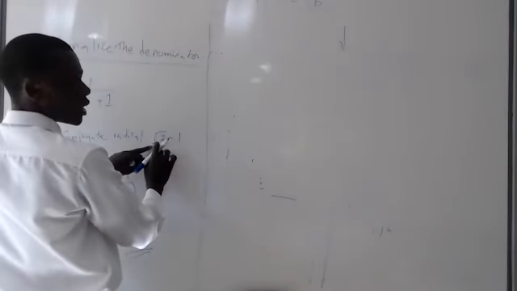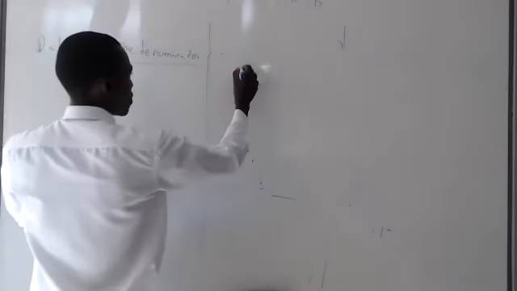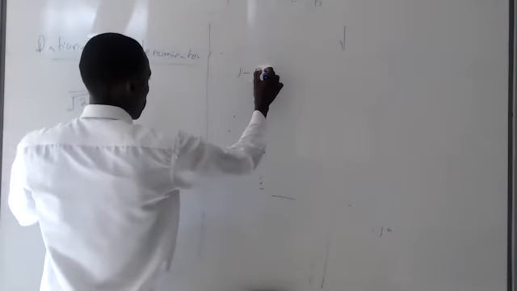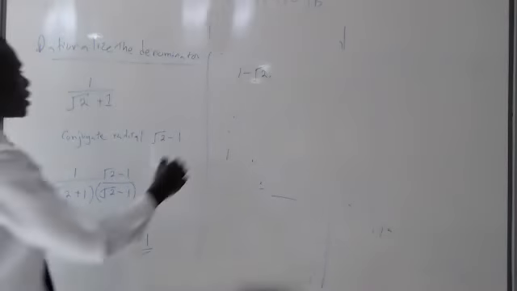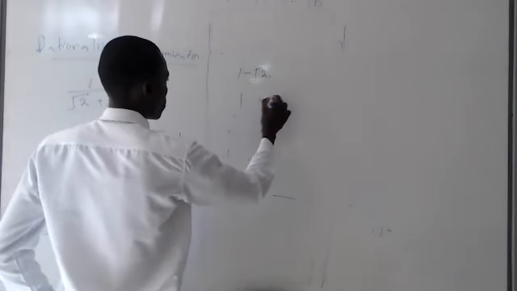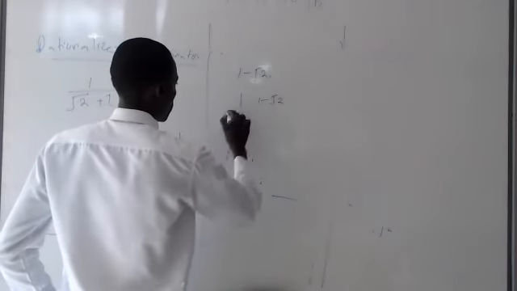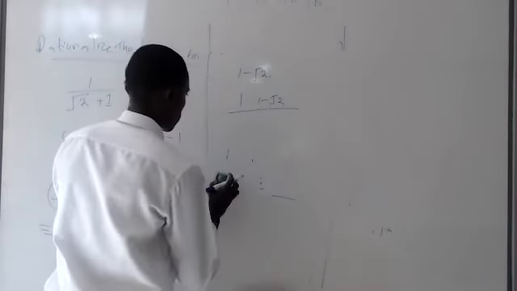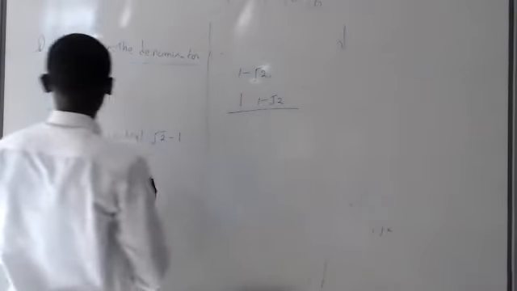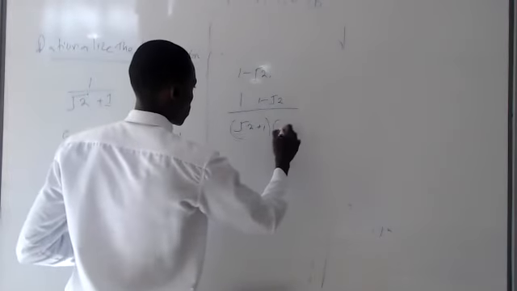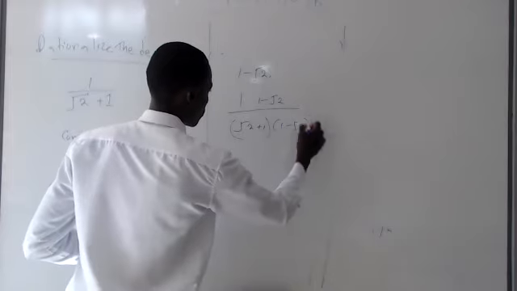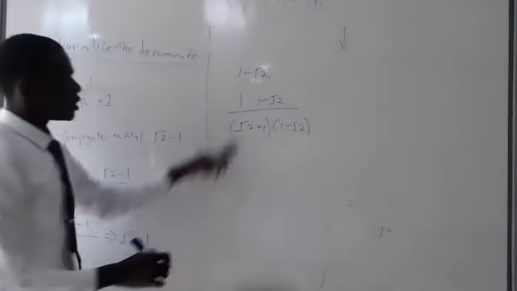Suppose someone used, here we have used root 2 minus 1. Suppose someone used 1 minus root 2. Would they still arrive at the same answer? So let us see, take 1 times 1 minus root 2 divided by root 2 plus 1 times 1 minus root 2. The numerator, it's easy.